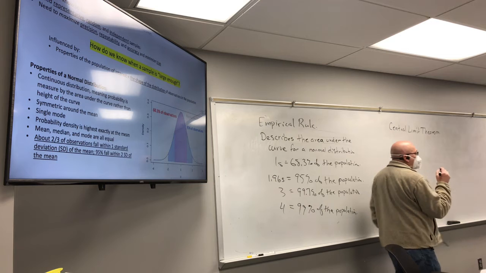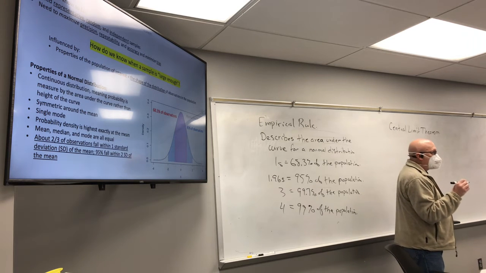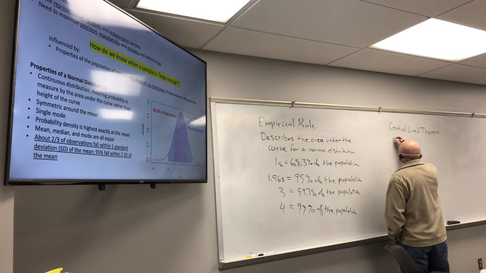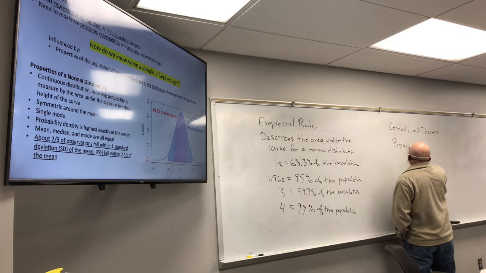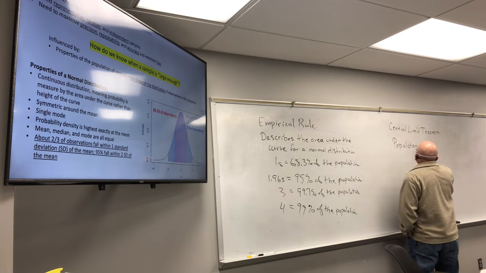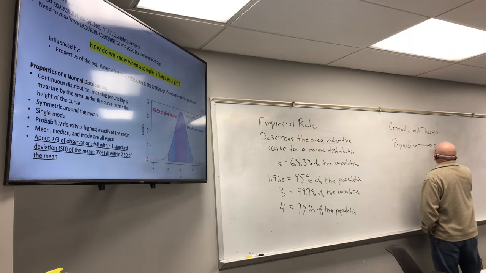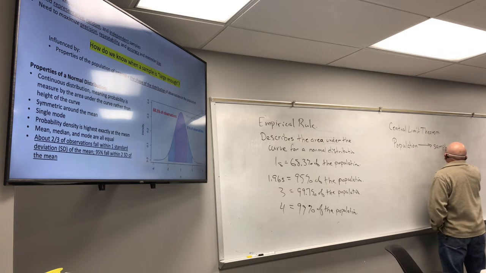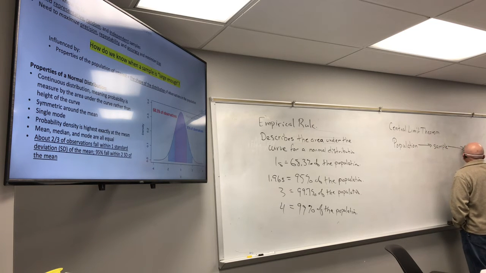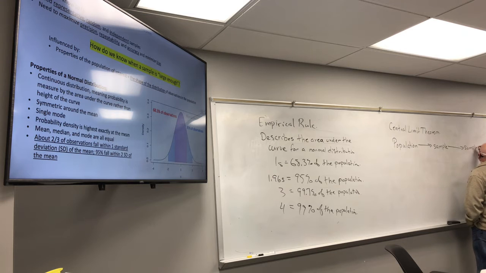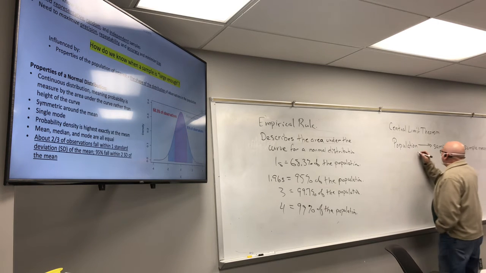Okay. What the central limit theorem says is, if you have a population, you draw from that population a sample, you calculate the sample mean, and you save that sample mean. Do that again.